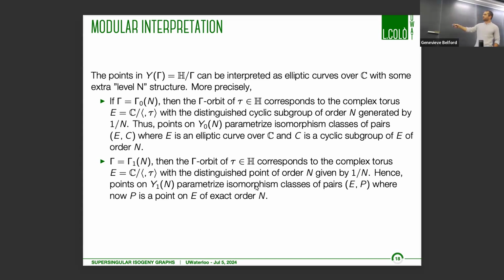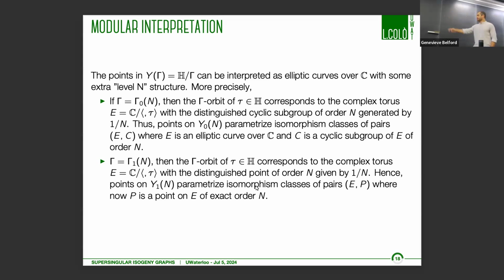So in some sense, points on X0 of n are elliptic curves plus a subgroup of order n, which means that they classify elliptic curves plus an isogeny, because you can look at that subgroup as the kernel of your isogeny, which in fact means that points on X0 of n actually classify isogenies of order n. So from each elliptic curve downstairs, when you lift to X0 of n, you obtain a different number of points, which correspond to all the different isogenies leading from your elliptic curve.